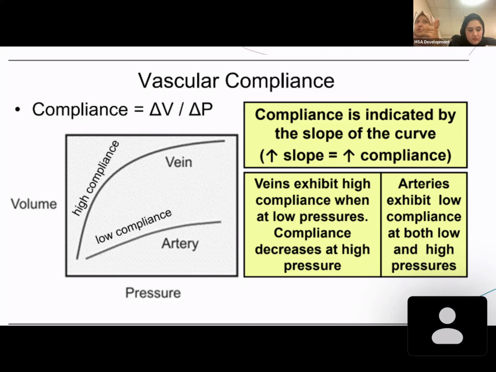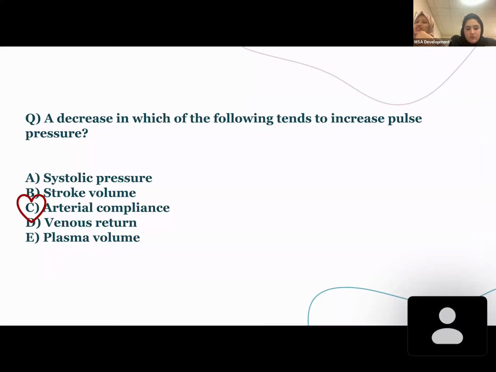If you have less pressure, that means the vessels are holding more blood with less pressure, so it's more compliant. They're inversely proportional. Compliance is always inversely proportional to pressure. Even if they say pulse pressure, they mean the same thing in terms of arterial compliance. Okay, arterial vessels. That's from the formula.